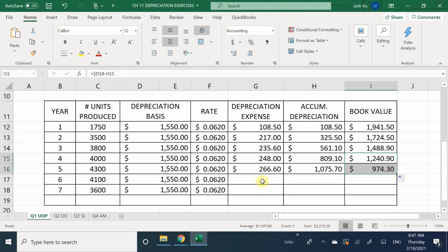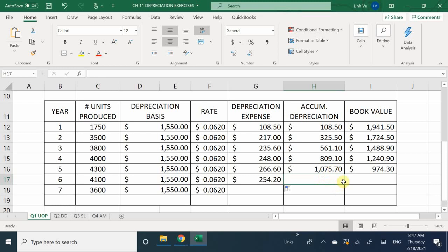Okay, good. All right, almost done here. What is my depreciation expense for year 6, excuse me? 254.20. Good.